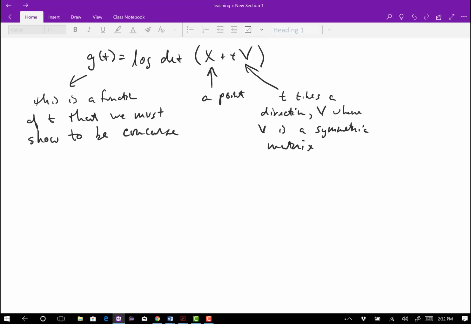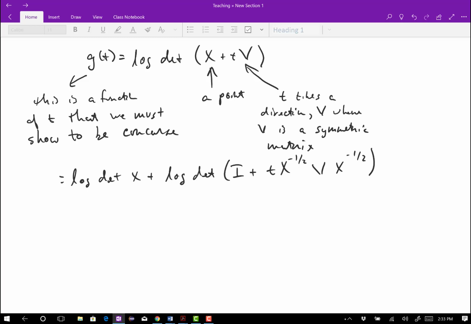So now I can rewrite this. This is equal to log det x plus log det of I plus t x to the minus 1/2 v x to the minus 1/2.